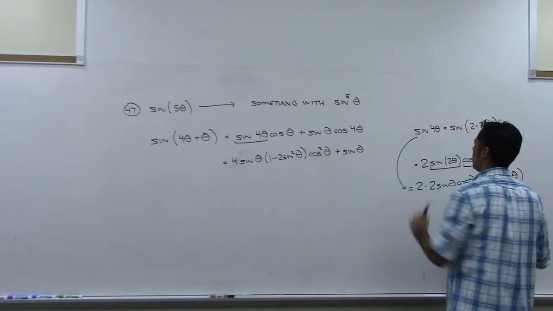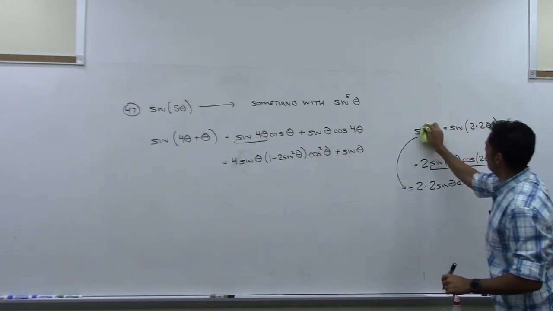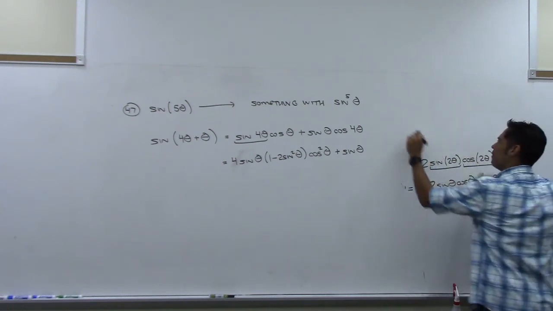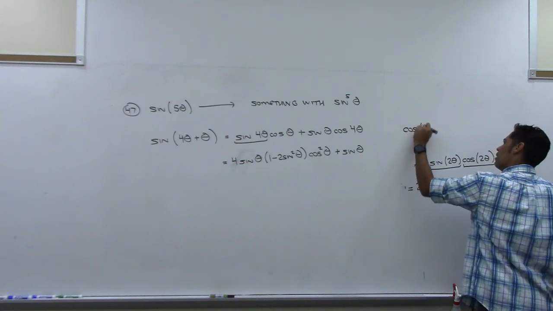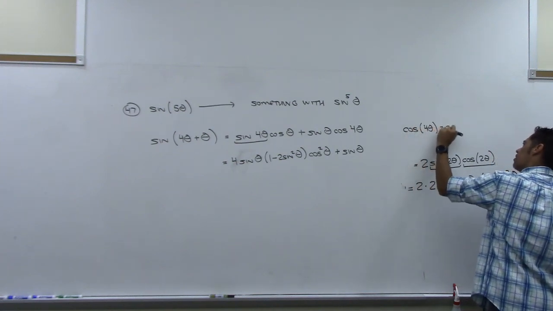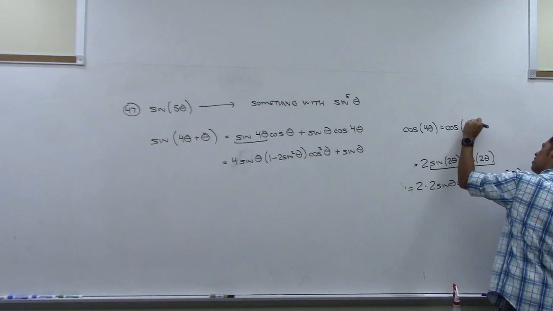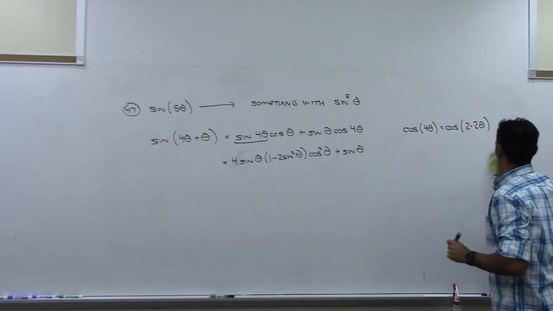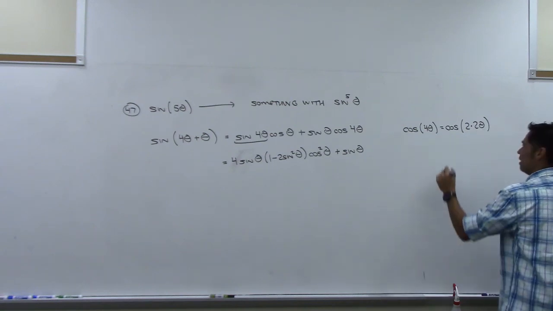And now I need to figure out what cosine of 4 theta is. So I'm going to do the same thing I did here. Cosine of 4 theta is equal to cosine of 2 times 2 theta. And then I'm going to use the double angle formula that has sine in it.